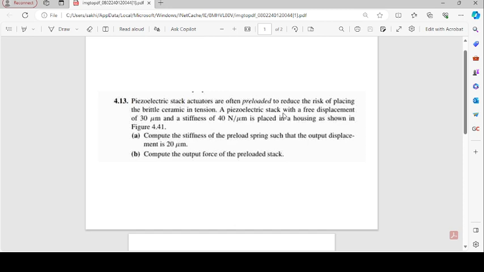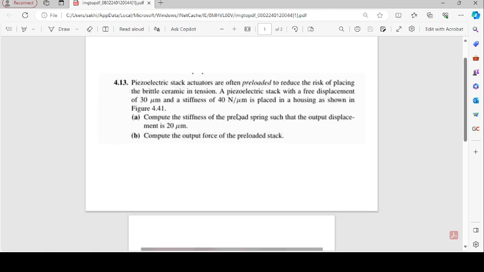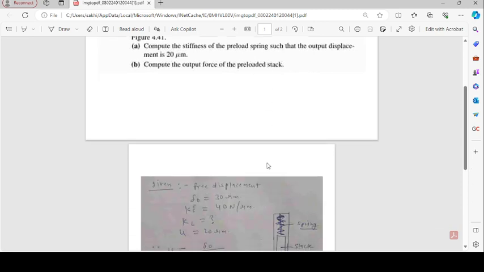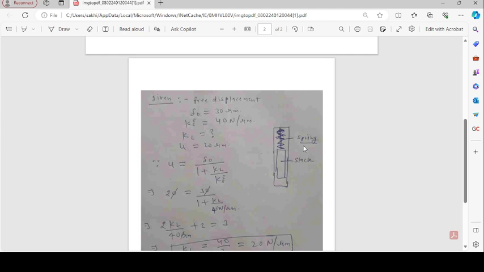A free displacement of 30 micrometer is given, and the stiffness of this piezoelectric stack is 40 Newton per micrometer, and it is placed in a housing as shown in the figure. This image doesn't contain a figure, but we have something like this structure.